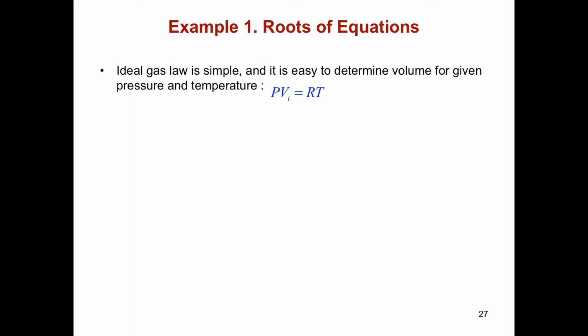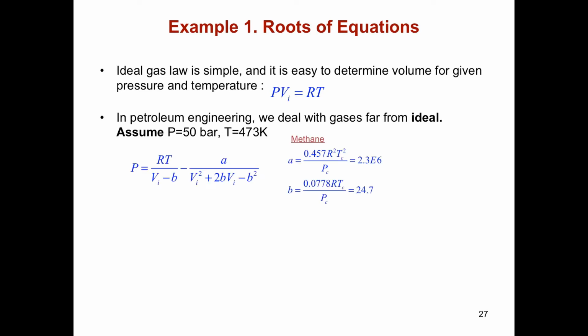I have the ideal gas law, which relates pressure, molar volume, and temperature. R is, of course, a constant. If I, for instance, have temperature and I want to find pressure and volume, I see how they relate together. Now, this is an easy one, but I might have a much more complicated one, called an equation of state.